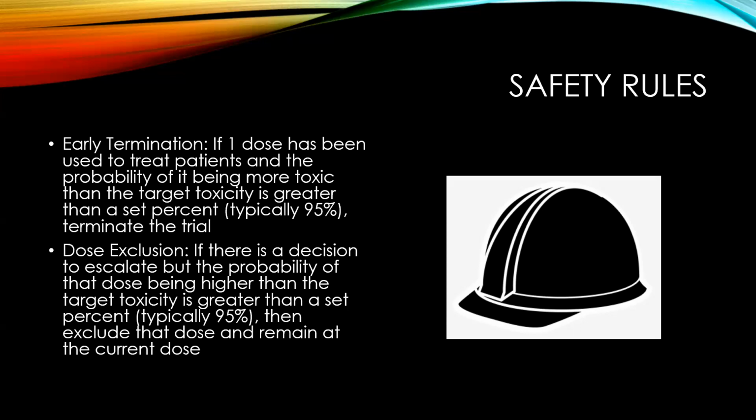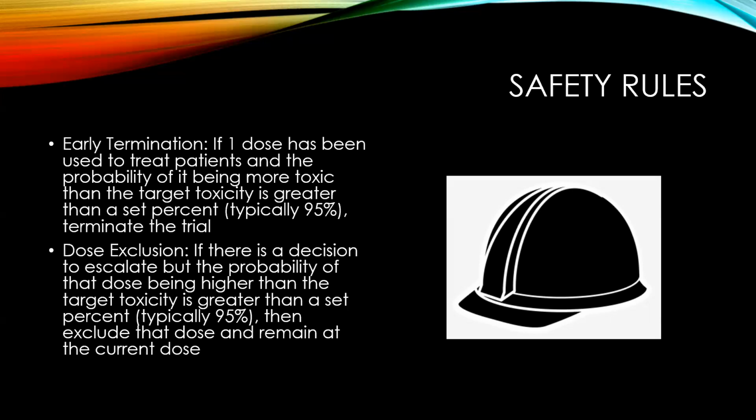For instance, early termination: if the first dose has been used to treat patients and the probability of it being more toxic than the target toxicity is greater than a set percent, usually we choose 95%, we're going to terminate the trial early. And then dose exclusion: if there's a decision to escalate, but the probability of that dose being higher than the target toxicity is greater than a set percent, once again typically 95%, then we're going to exclude that dose and remain at the current dose.